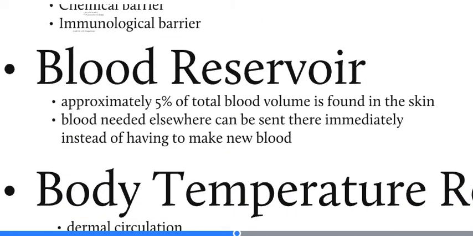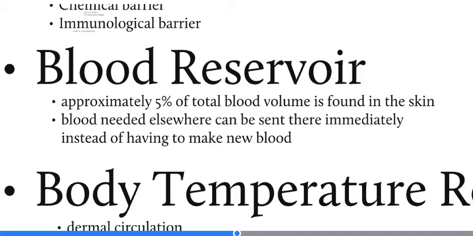To call the skin a blood reservoir is to point out that about 5% of the total blood volume is going to be found in the skin. It's kept there within the veins. It's not stagnant, it just slowly gets moved through and replaced with other blood.